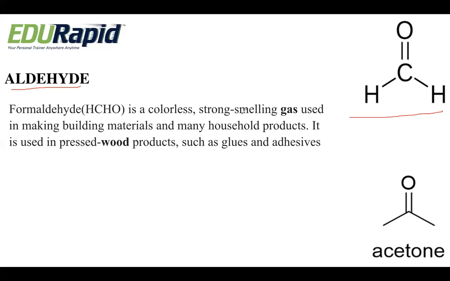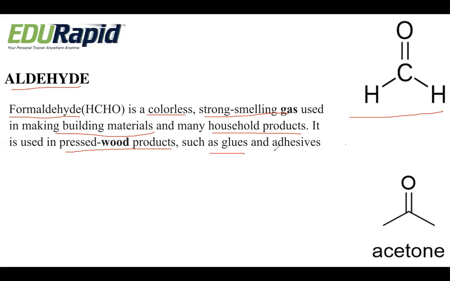The simplest form of aldehyde is formaldehyde, HCHO. It is a colorless, strong smelling gas used in making building materials and many household products. It is used in pressed wood products such as glues and adhesives, right?